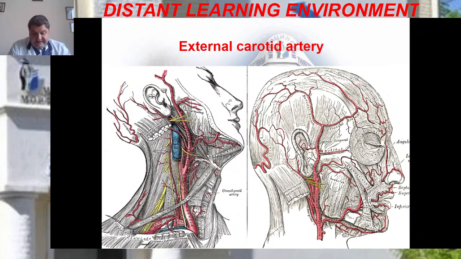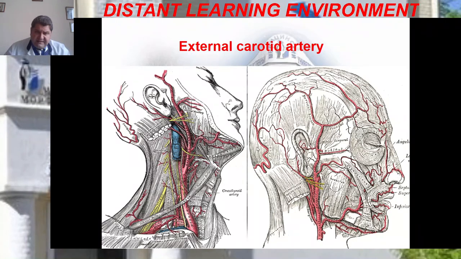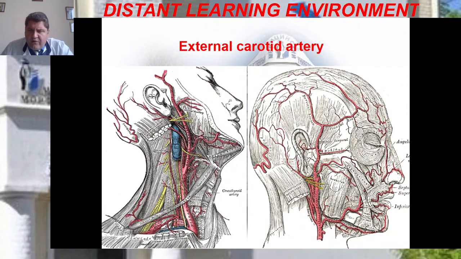The occipital artery gives some very small branches for the surrounding muscles here at the occipital part of the head, and also it gives a branch for the skin, the hair-bearing part of the skin of the head, and gives anastomotic arteries for connection with the arteries of the superficial temporal artery system, and you may see this anastomotic branch here.